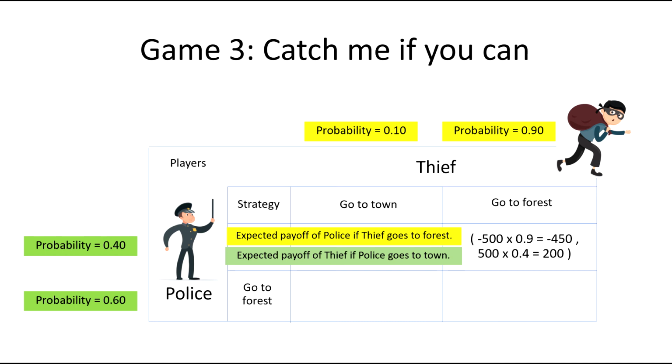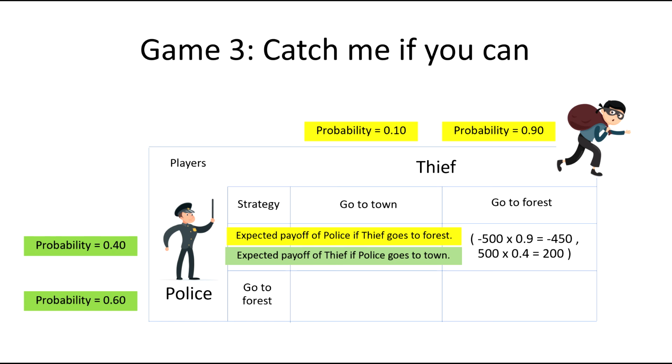The police expect that the thief will go to town with a probability of 0.1, and he expects that the thief will go to the forest with the probability of 0.9. He reads the thief's mind. He expects the probabilities of the thief. The thief may think like that, and the police reads the mind of the thief.